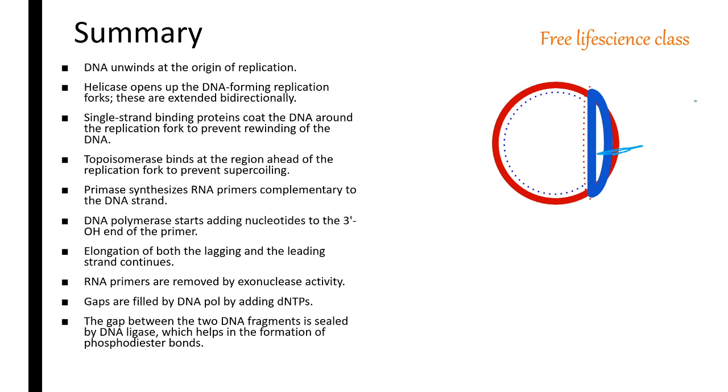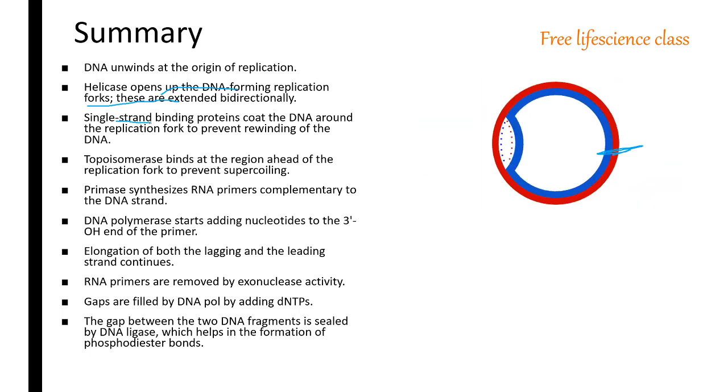Okay, so we have discussed prokaryotic replication in detail. So first, DNA unwinds at the origin of replication. After that, our helicase enzyme will come and open up the DNA and form an open complex. Then the replication fork is extended bidirectionally.